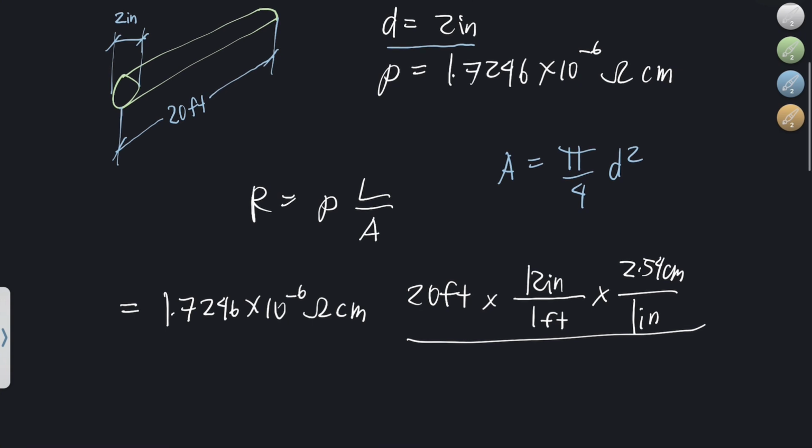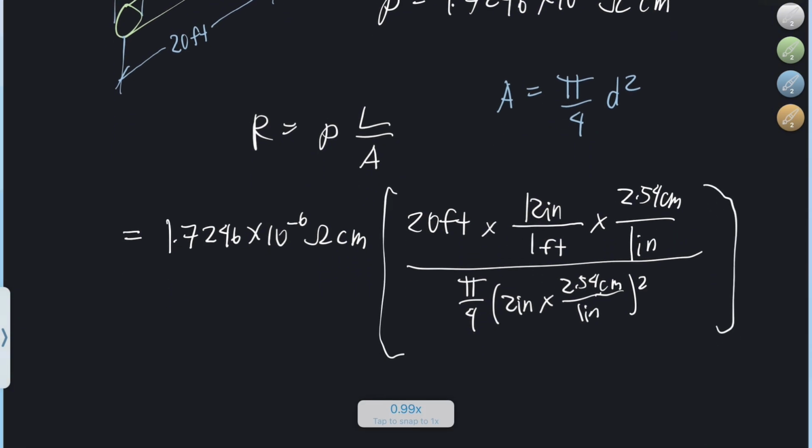Divided by the area, which is pi over 4, and the diameter is 2 inches. Squared.